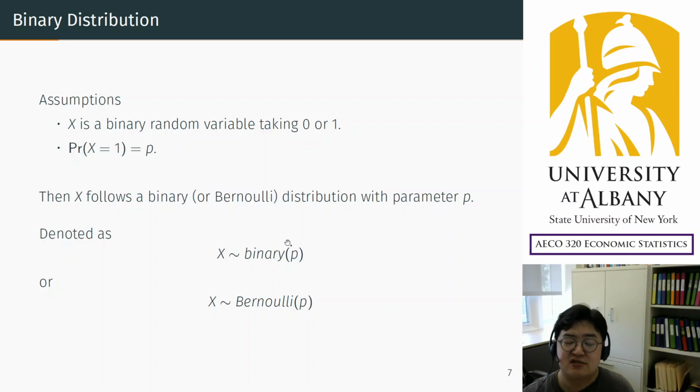Bernoulli was a statistician many centuries ago who studied this distribution. Mathematically, we denote this statement as: a random variable X follows the binary distribution with parameter p, or the Bernoulli distribution with parameter p. Pretty simple.